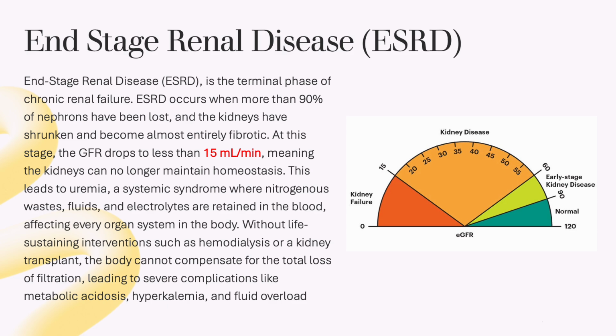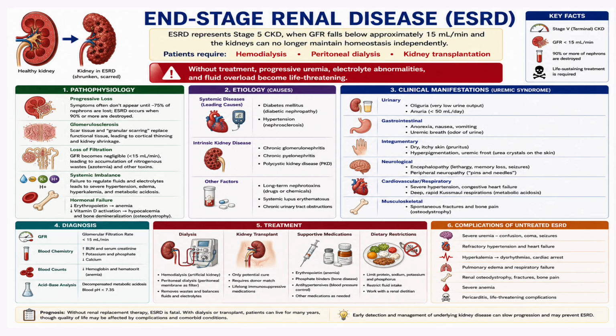So the kidneys can no longer maintain fluid balance, electrolyte balance, acid-base regulation, or waste removal. Patients develop severe uremia, metabolic acidosis, hyperkalemia, anemia, and fluid overload. These are all things that can happen because now the kidney is not working.